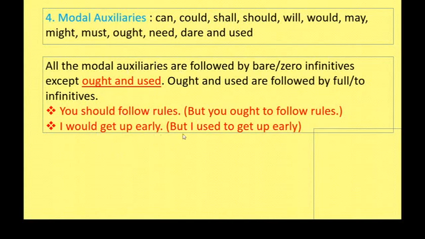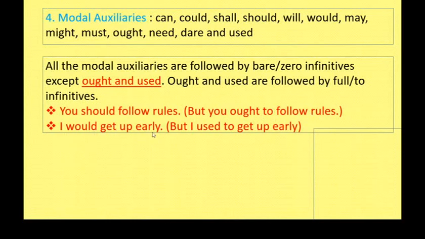Look at the examples below. You should follow rules. Here, after should, bare infinitive follow has been used. But you ought to follow rules. Instead of should, if we use ought, then ought is followed by the full infinitive, to follow.